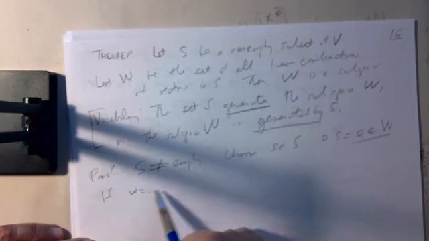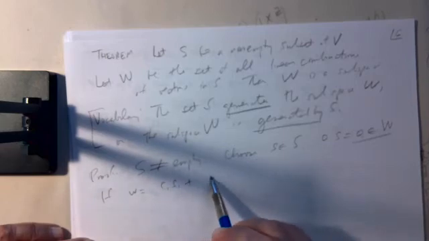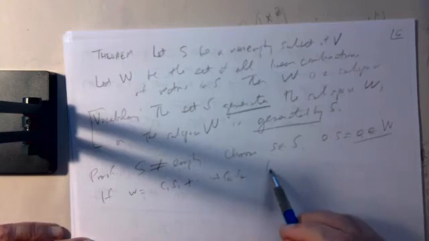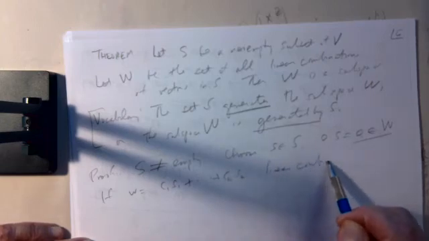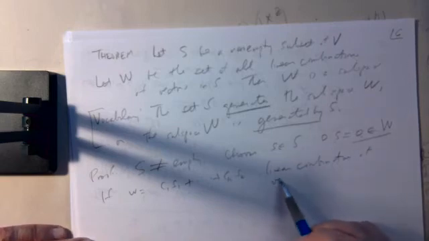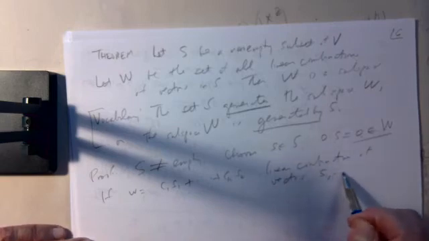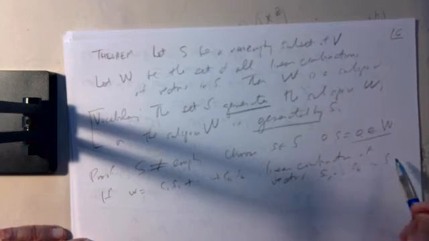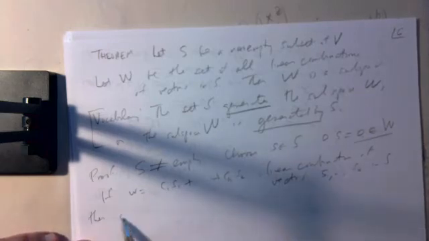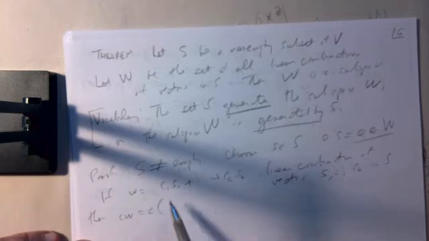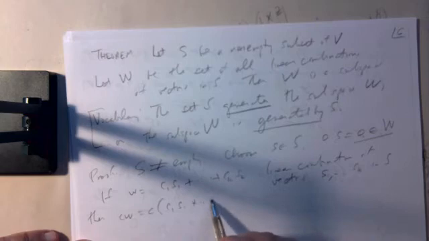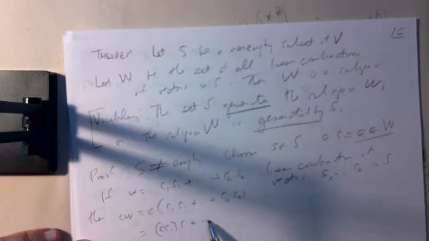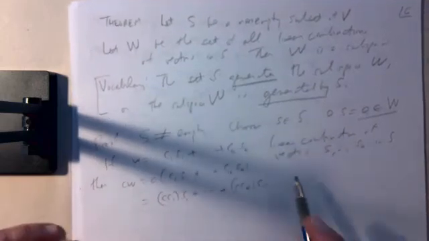And if w is some linear combination of vectors s1 up to s sub k in S, then c times w for any scalar is c times this vector. But by distributivity, this is cc1 times s1, and so forth up to cck times s sub k. And this is another linear combination of vectors in S, so this is in W.